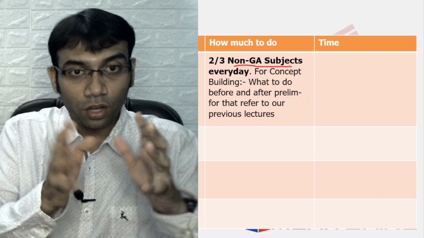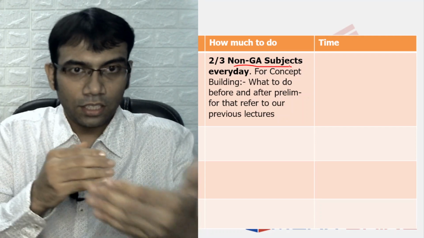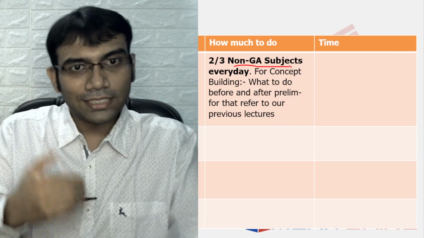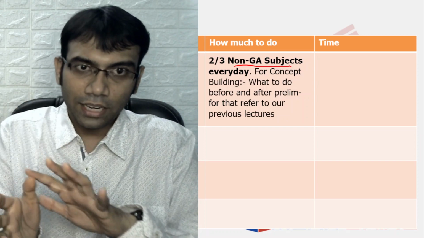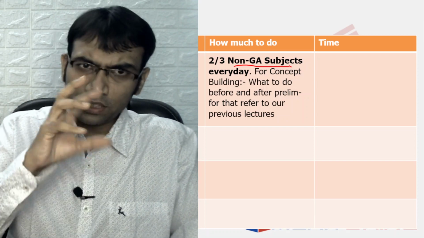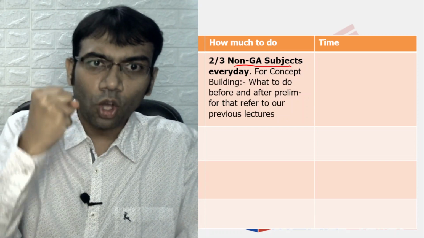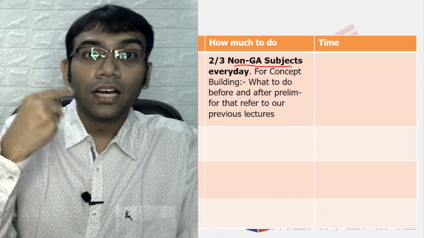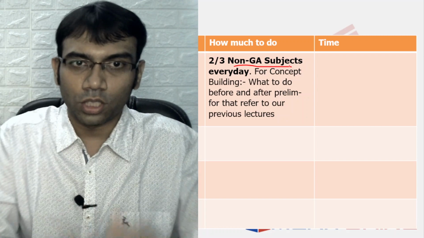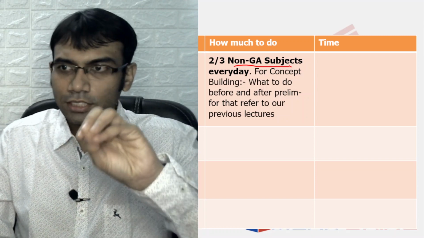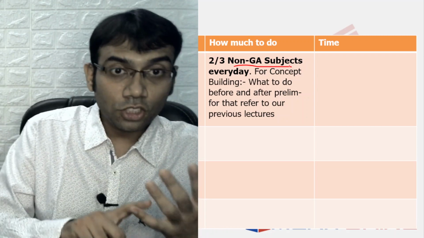If you are watching our lecture, there are a lot of questions inside the lecture itself. You practice those alongside doing the lecture. So you get the idea, the crux of the concept, and how to approach the questions. Okay? So this is how you do it. This is for the concept builder.